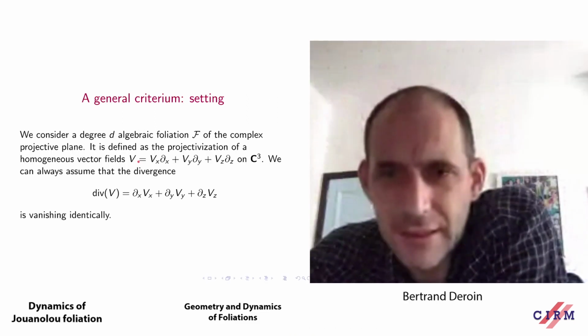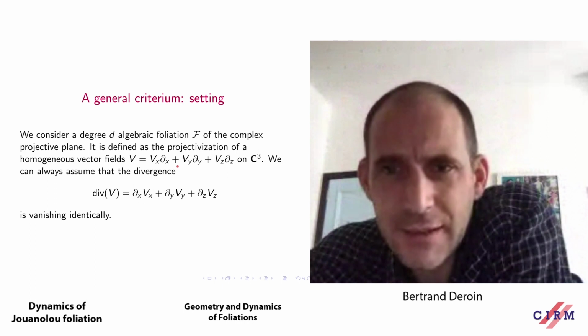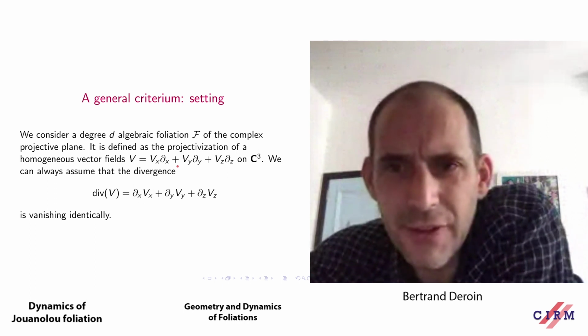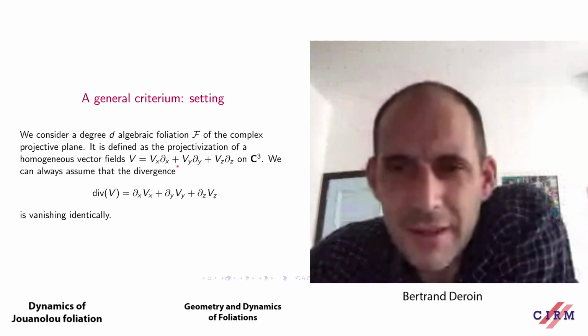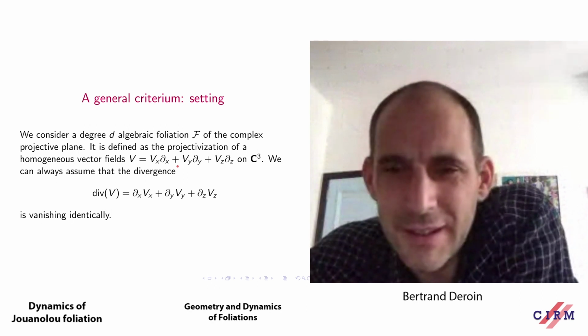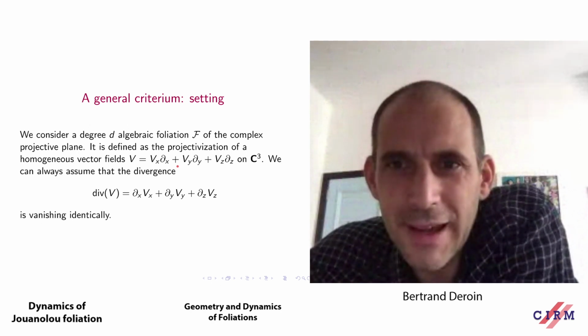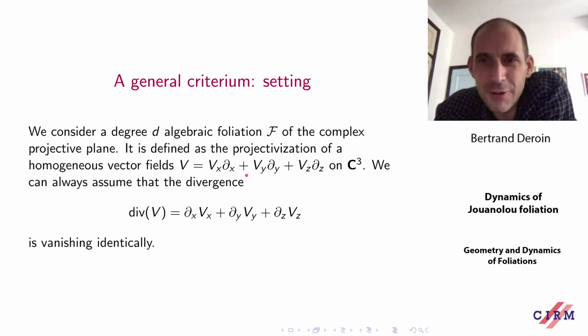And in fact, there is a way of normalizing these vector fields. This was something that was explained to me by Adolfo Guillot some years ago, and that will serve a lot here.